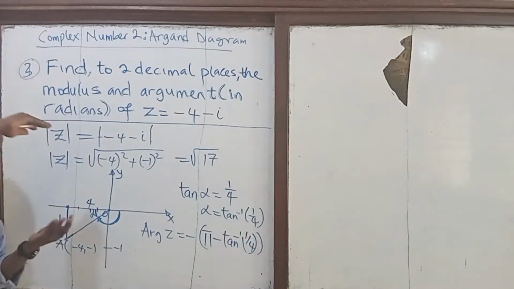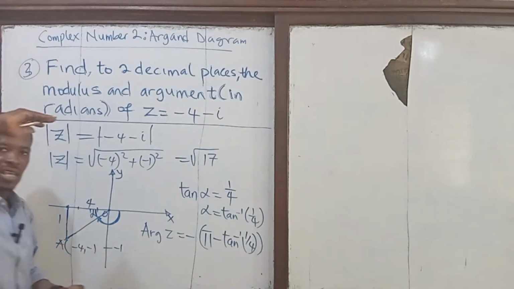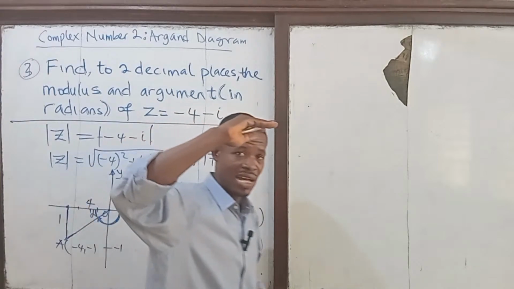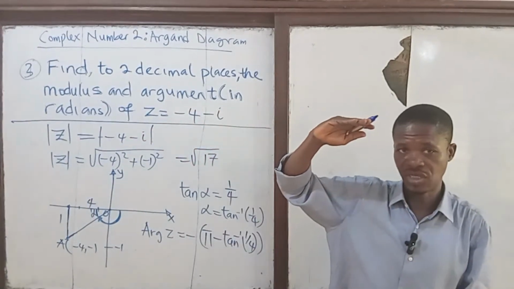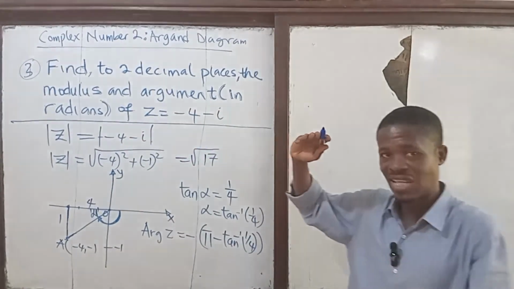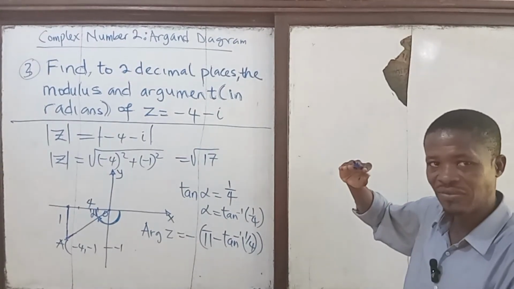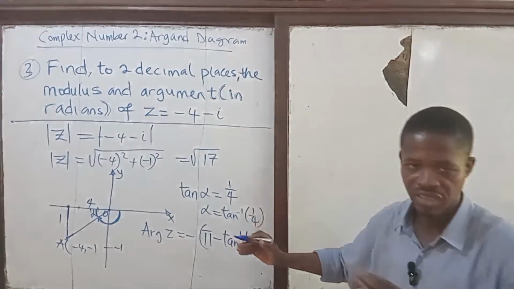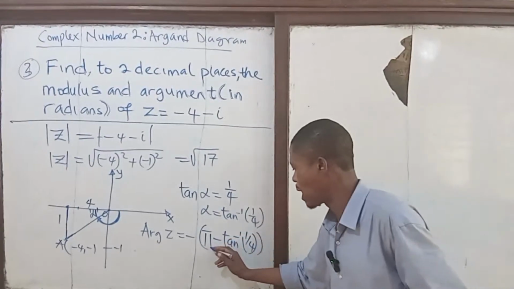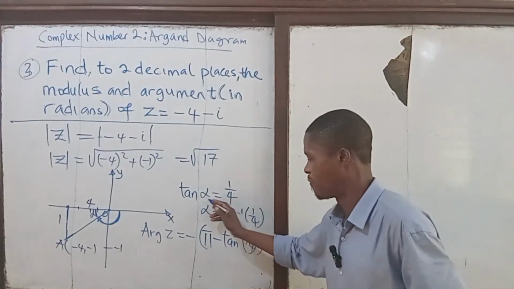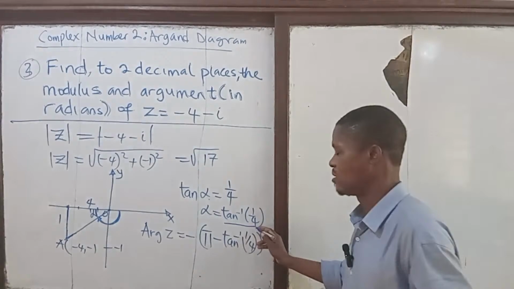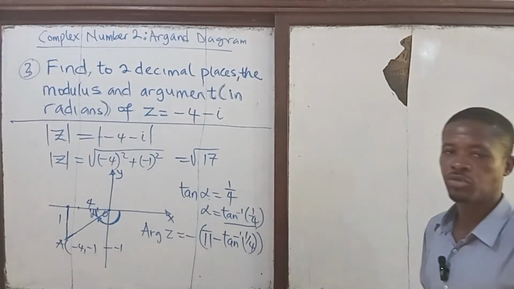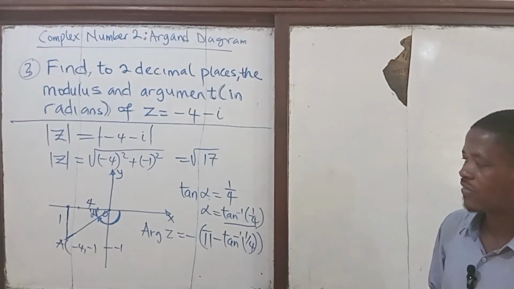Because it's below and you're moving anti-clockwise, that makes it negative. Angle on a straight line is 180, which is pi, minus your alpha, which is arctan 1 over 4. Then just put this in your calculator and get the answer.